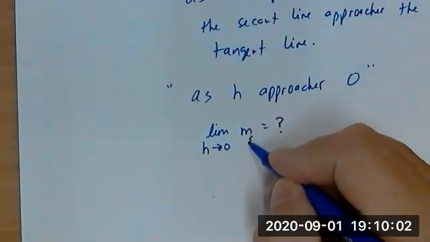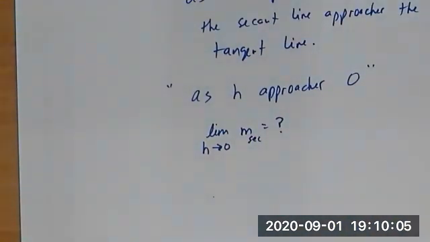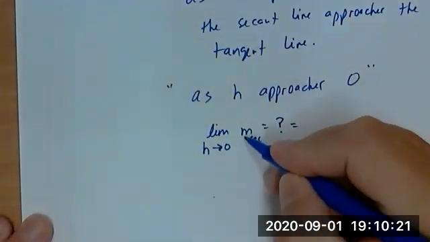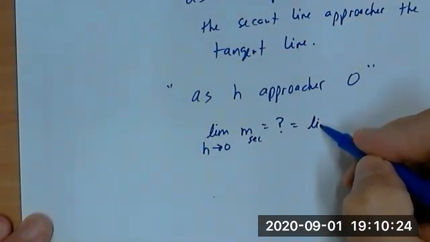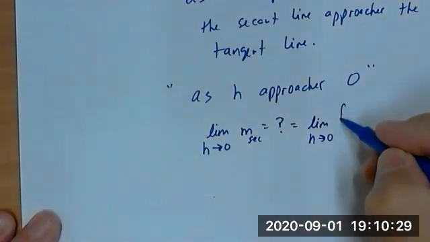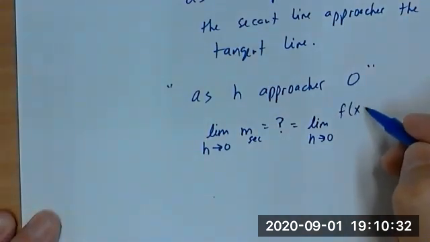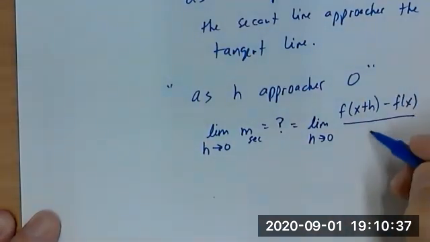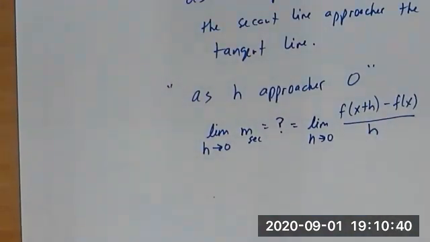I'll call this the slope of the secant line. I want to know the slope of the secant line when h is almost 0, when the two points are almost right next to each other. But of course, the slope of the secant line, we worked up an equation on the other page, and it was f of x plus h minus f of x over h, the difference quotient.